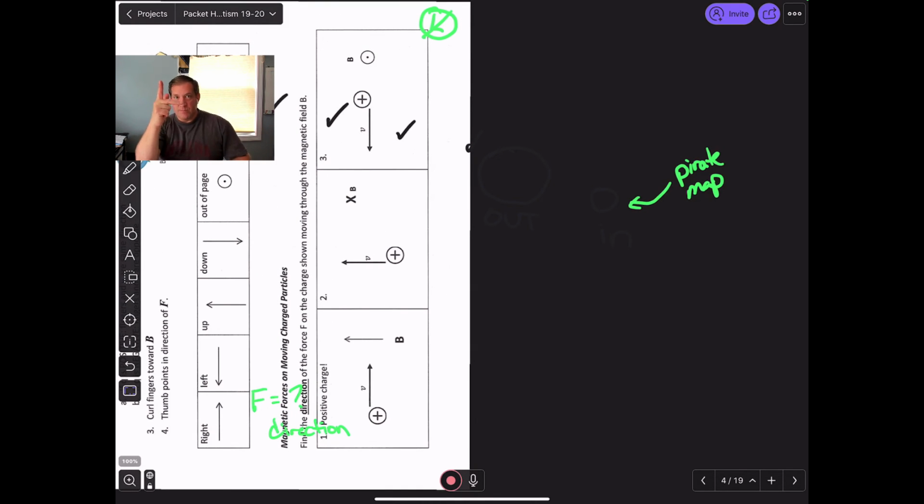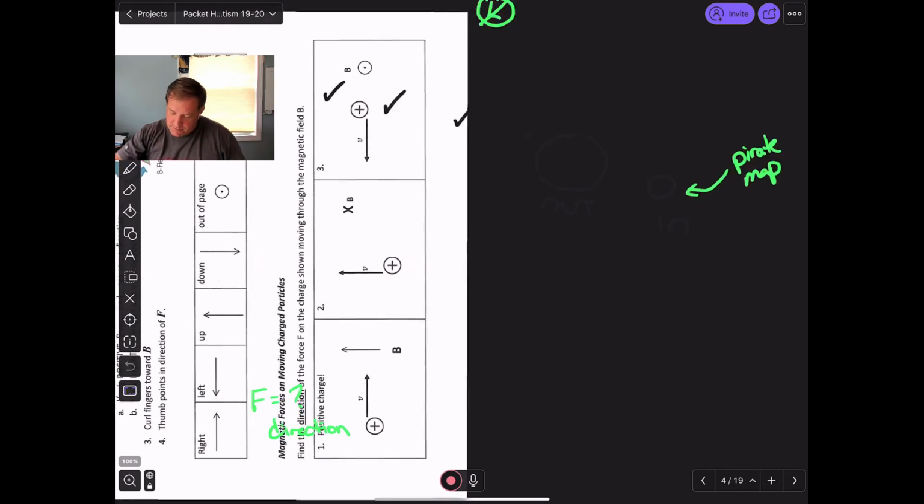Then what you do is you line up your pointer finger in the direction of the moving charge v. That's its velocity. Then you look on the paper and you go, oh, my magnet finger, my middle finger, my B field, is already lined up. So my thumb is currently pointing straight up toward my face, right? Or toward the ceiling.